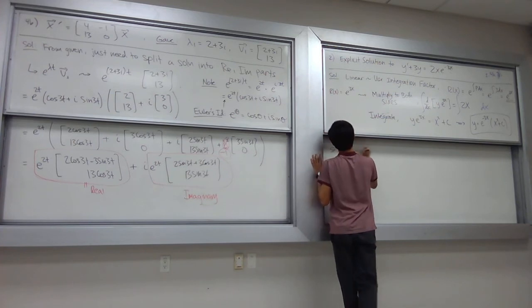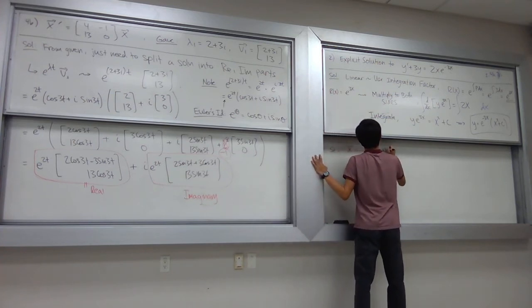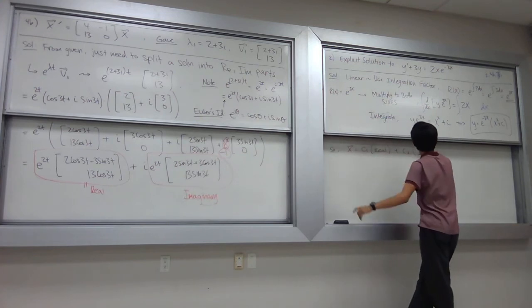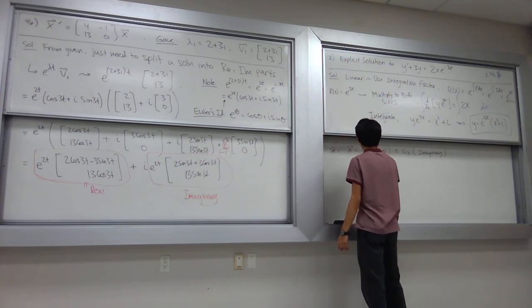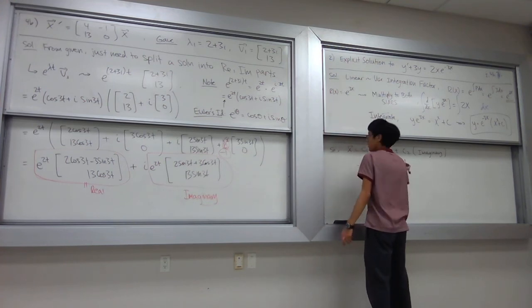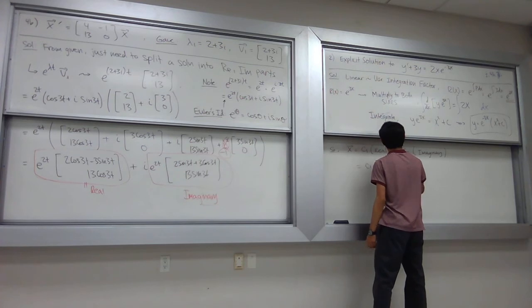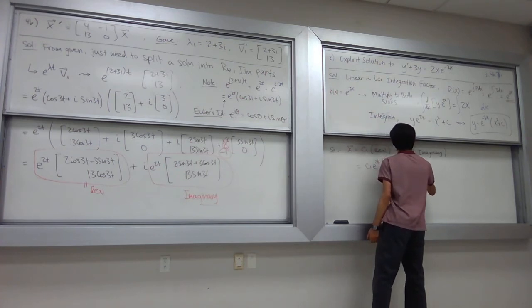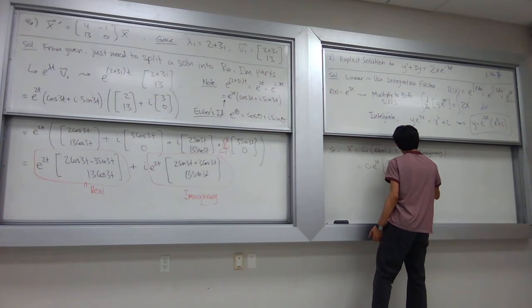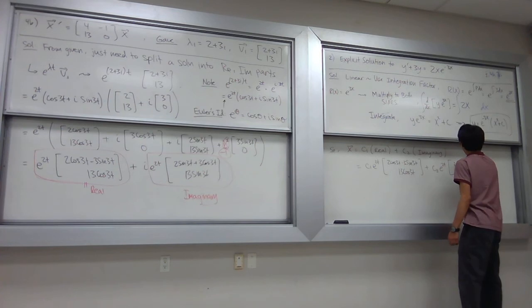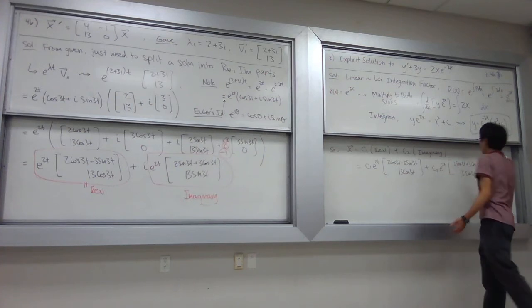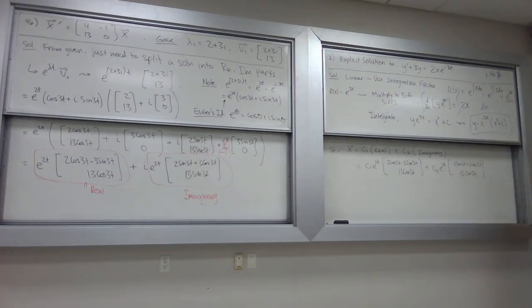So x is C1 times the real plus C2 times the imaginary part, and then you're done. This is your x.